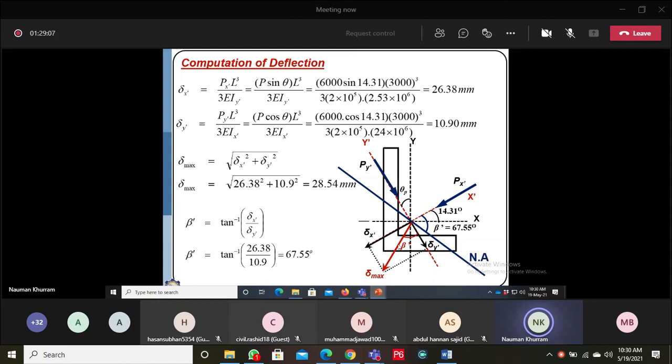The neutral axis will always be perpendicular to the resultant deflection, or you can say that the resultant deflection always occurs about the principal axis. About the principal axis means that the resultant deflection will always be perpendicular to the neutral axis, or the neutral axis will always be perpendicular to the resultant deflection.